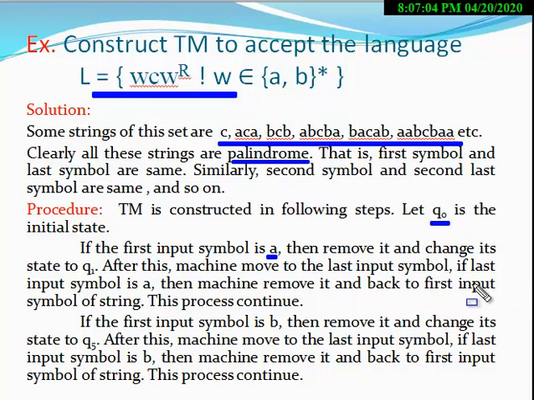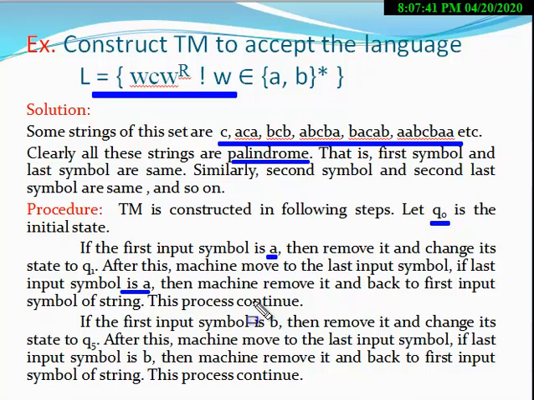Since the first input symbol was A, you have to check whether the last symbol is A or not. If the last input symbol is A, then the machine also removes this input symbol from the tape, and again goes back to the first input symbol on the tape, and the same process repeats.